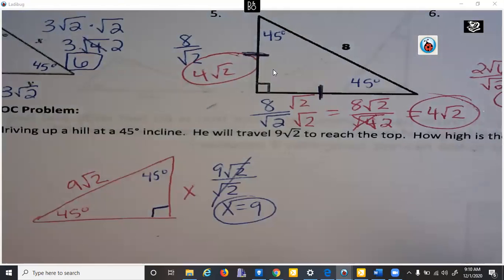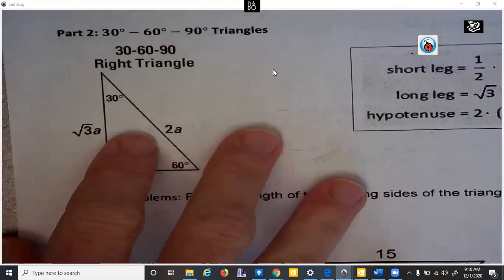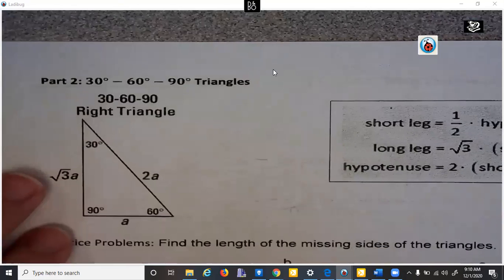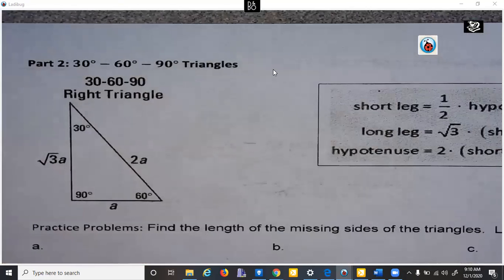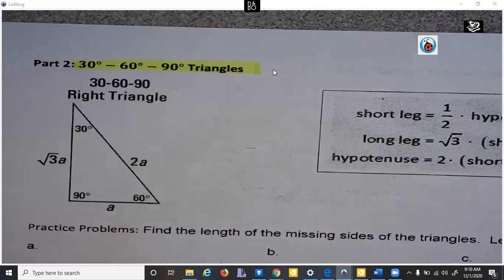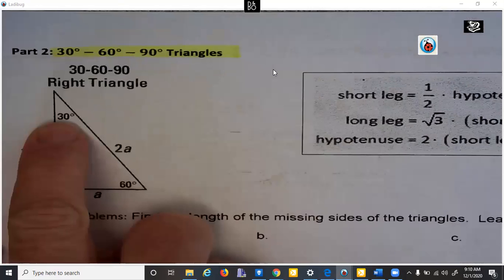All right. Now, the last part of notes, we have another special triangle in math, and it is a 30, 60, 90 triangle. So 30 degrees, 60 degrees, 90 degrees.